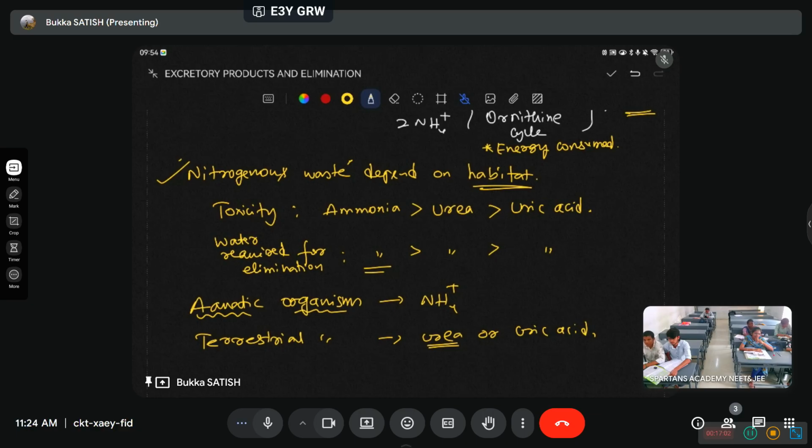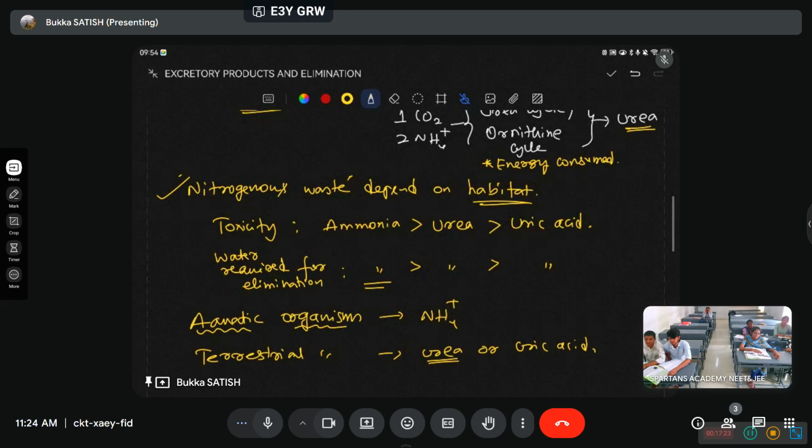No, no. Even in frog, the tadpole is ammonia only, which is aquatic.